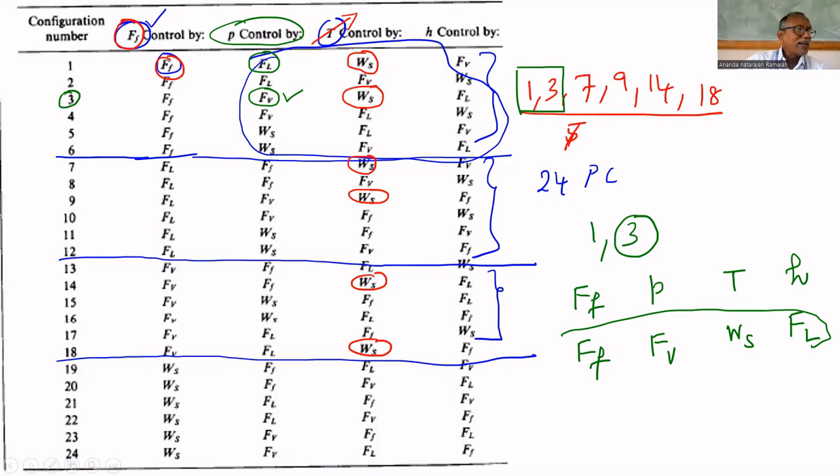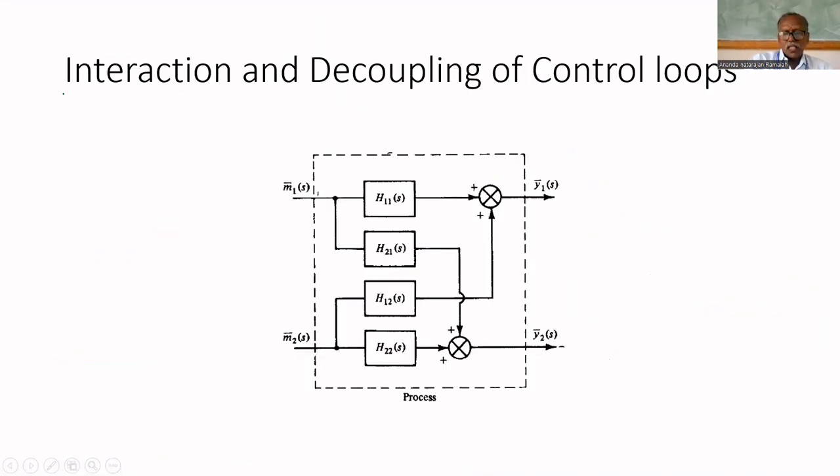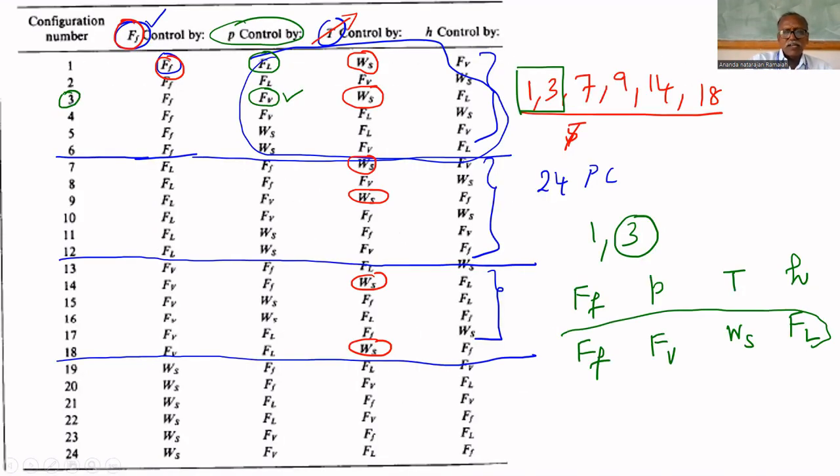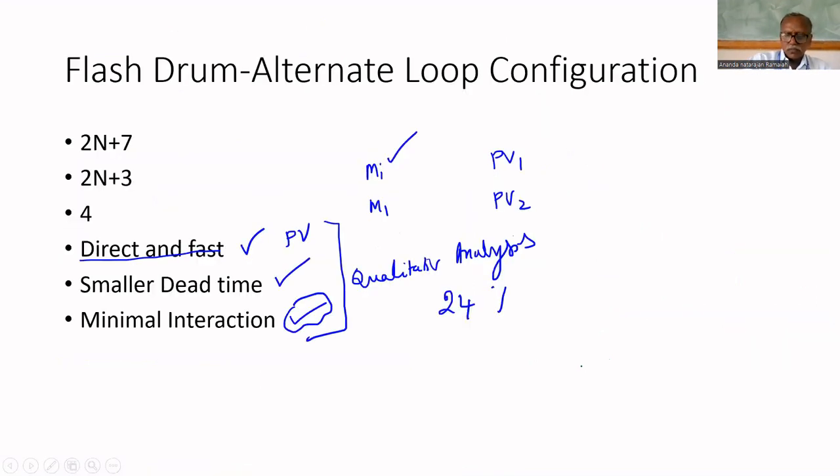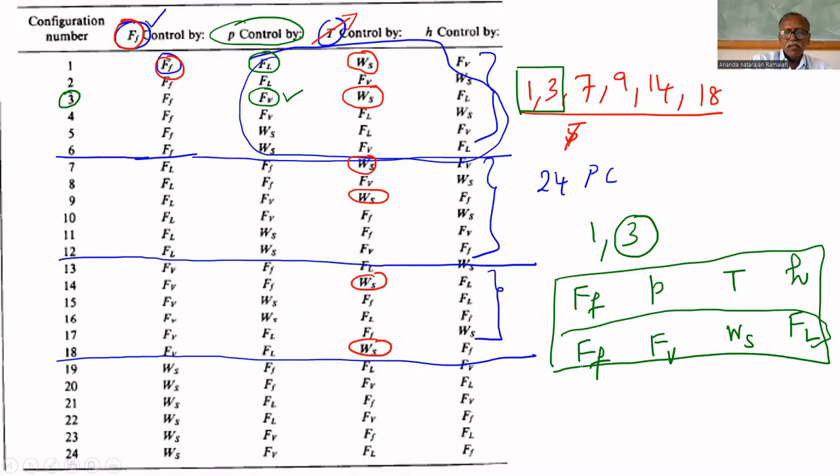This is called the qualitative analysis to find the manipulated variables. That's why we have to use this third combination to control these 4 variables. So this way we can find the loop configuration by analyzing qualitatively. This can also be done quantitatively, that we will see later.